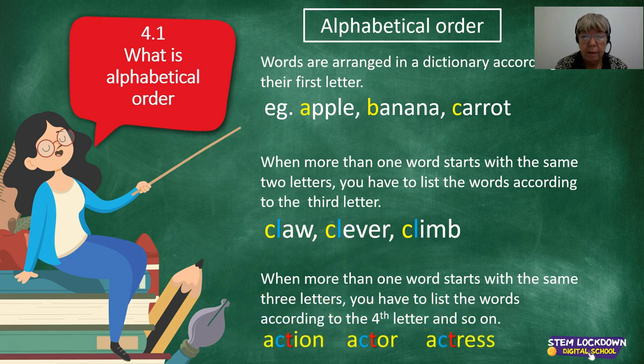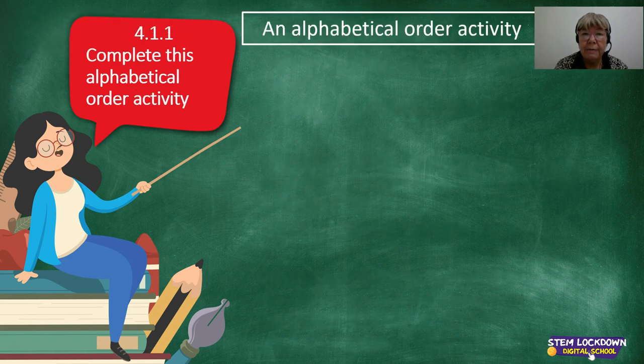For example, act, all 3 start with act, so now you've got to go to the next letter, I, action, actor, actress. Got the idea? You remember this? Good. So let's do our activity now.